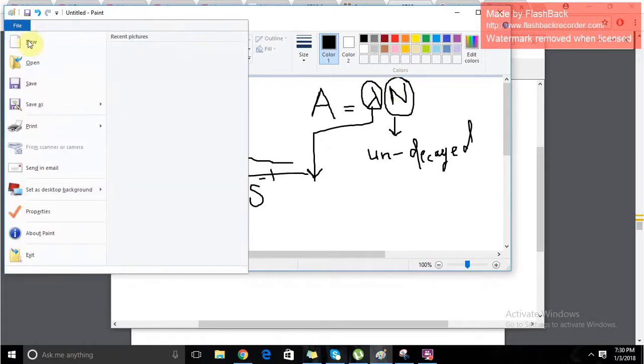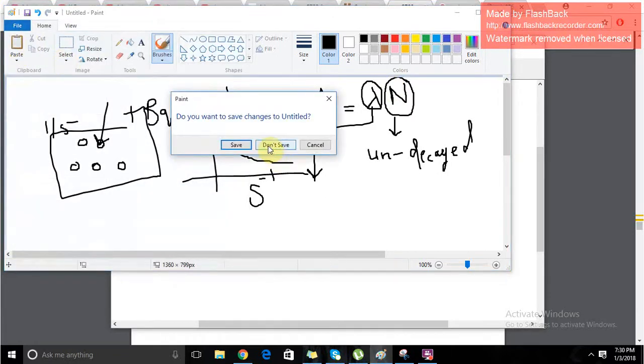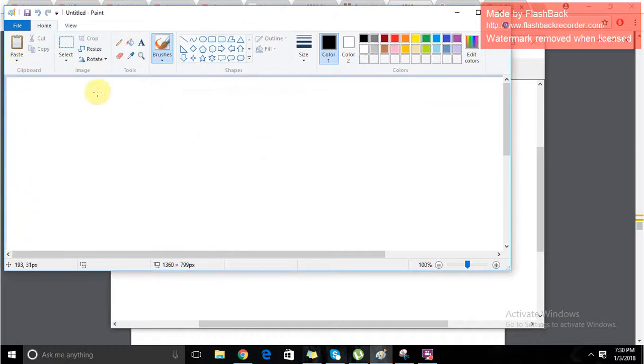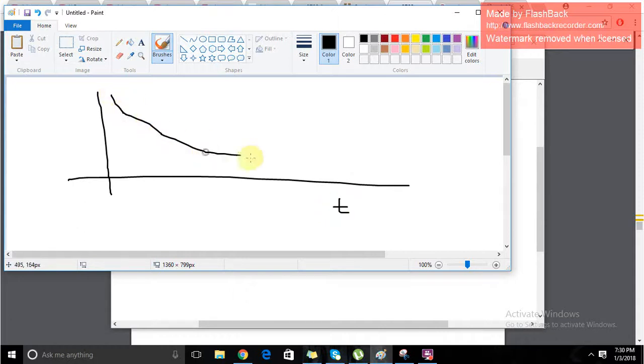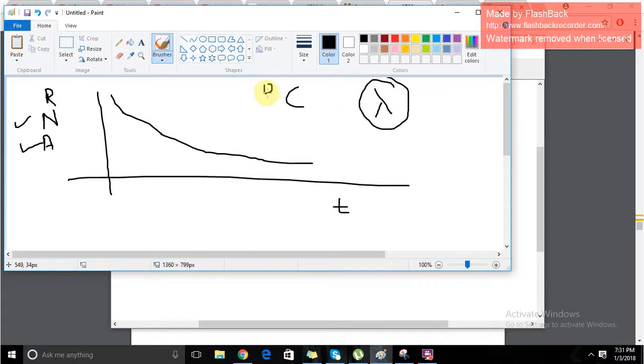So count rate, activity, and undecayed nuclei actually have the same graph. If this were time in seconds or hours or whatever, this type of graph could be for the count rate represented by R, could be for N for the undecayed nuclei, or A activity, because when N decreases, so does A, and lambda is a constant for any particular sample. For a carbon-12, it would have a particular value. For some other radioactive sample, it would have some other value.